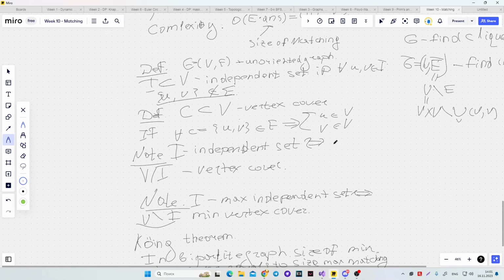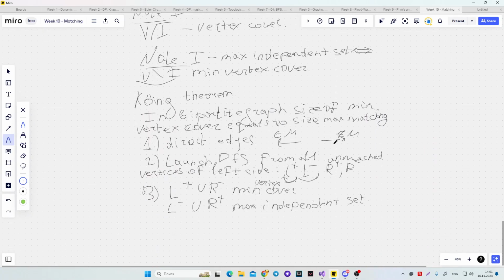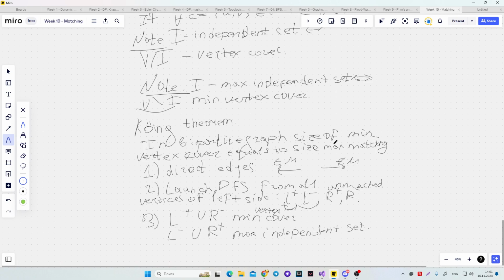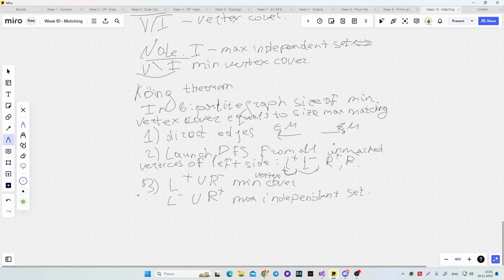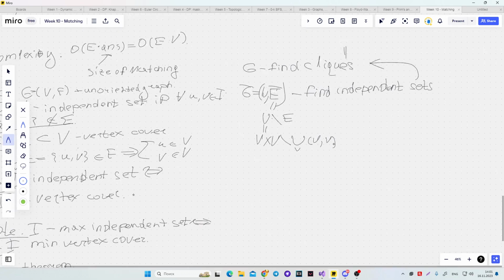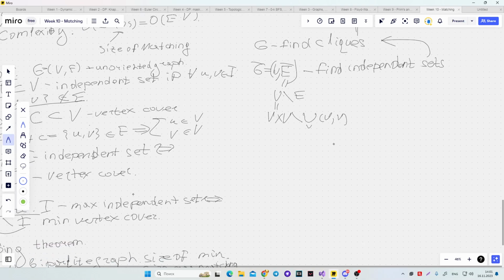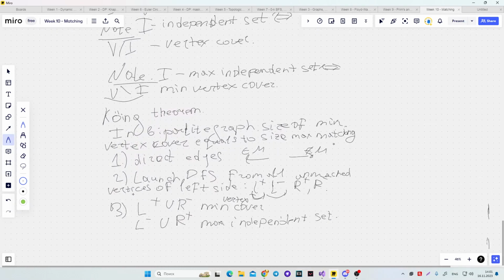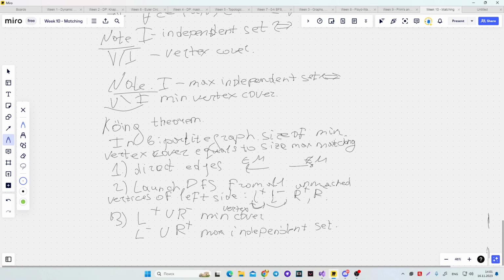Okay, and then we considered Kuhn's theorem that allows us to find an independent set in a bipartite graph. We can do it in polynomial complexity.